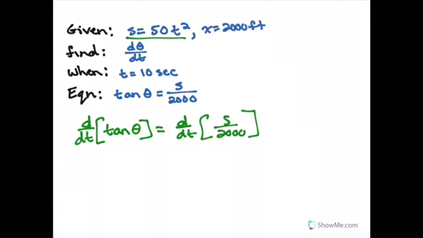What's the derivative of tangent? It is secant squared of theta times d theta dt, because that angle is changing with time as the balloon rises. And the derivative of s over 2,000 is 1 over 2,000 times ds dt.